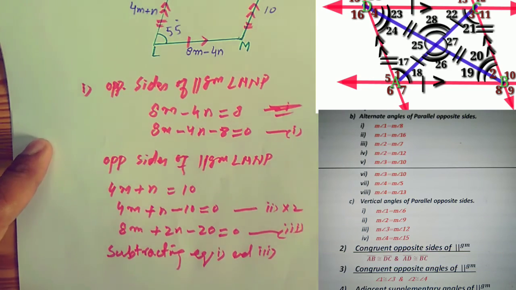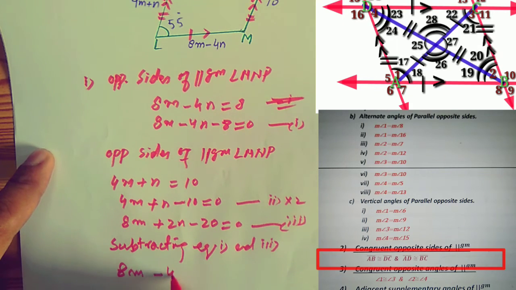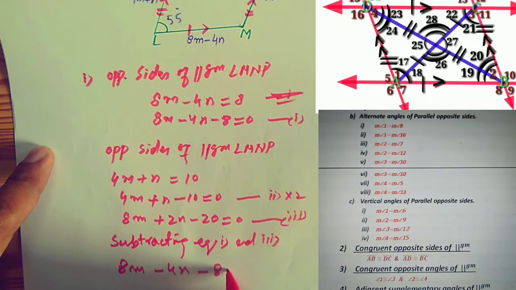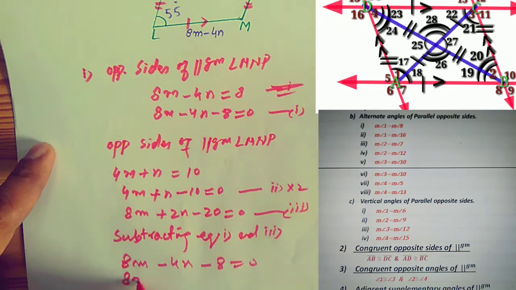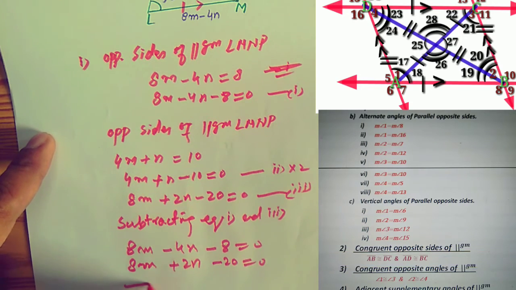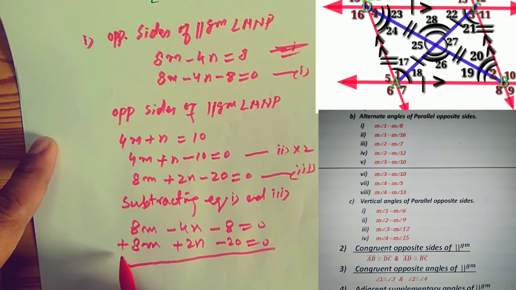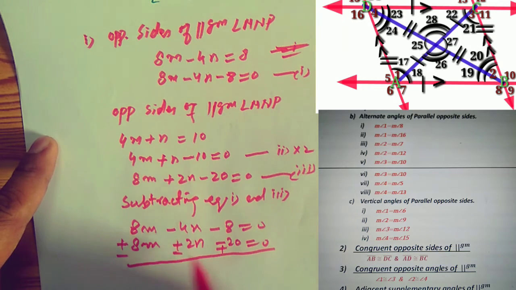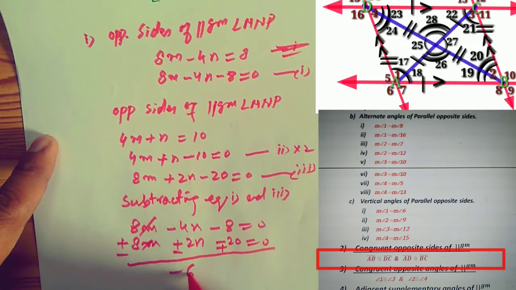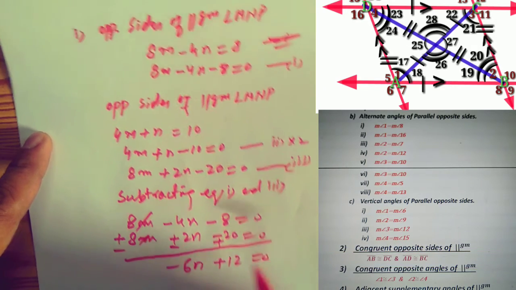Subtracting equation 1 and 3: 8m minus 4n minus 8 is equal to 0, 8m plus 2n minus 20 is equal to 0. Minus 6n plus 12 is equal to 0.